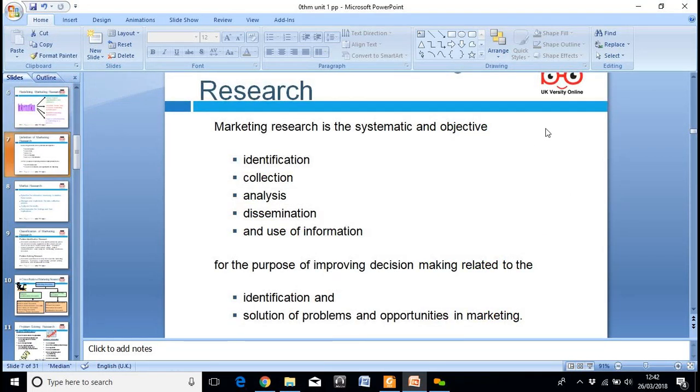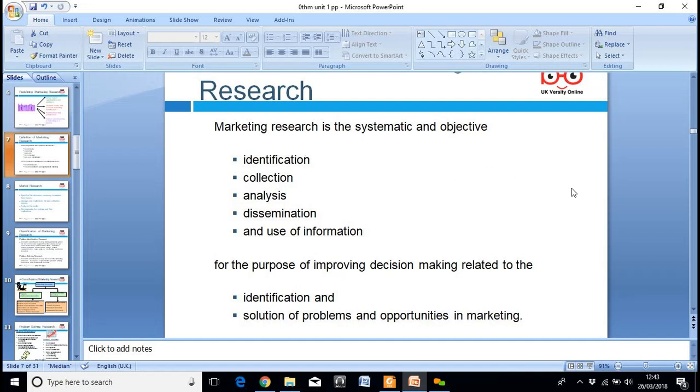So research is a systematic and objective identification, collection of information, analysis of that information, and the dissemination of that information and putting it into use. So research questions start off with an issue that needs to be solved. That's your identification.